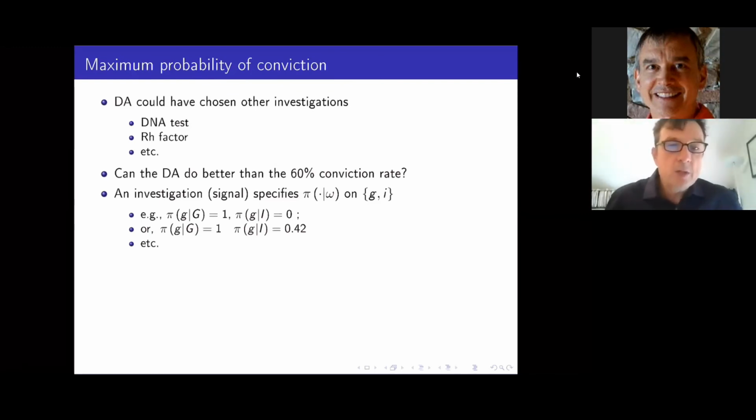And an information policy is now a specification of a likelihood function pi that tells us how likely we are to send a signal, given the state. So let's think about a simple binary signal that we label either small g or small i, meant to convey information sufficient to make the defendant look guilty, or enough information to make the defendant look innocent.